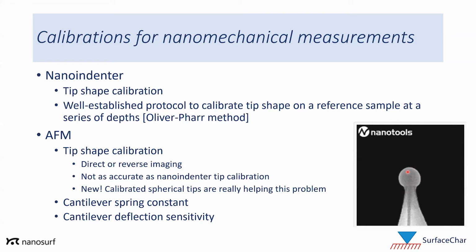And that's been a really big help in this issue of tip shape calibration. You kind of don't have to worry about it. What you do have to worry about is if the tip shape changes as a function of wear or contamination during the course of the experiment. So that problem has still not gone away.